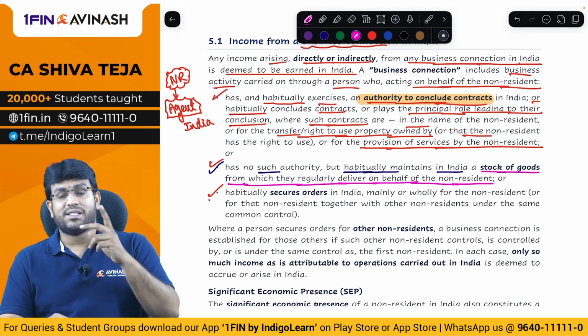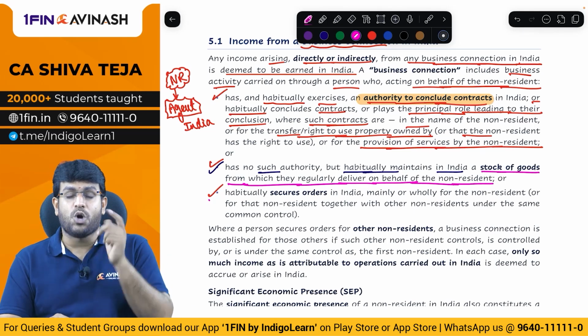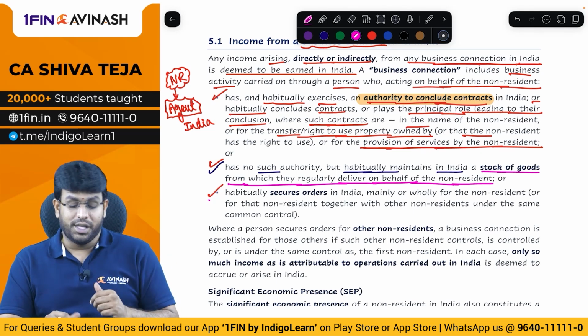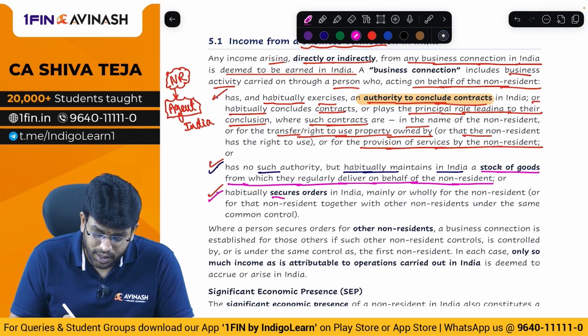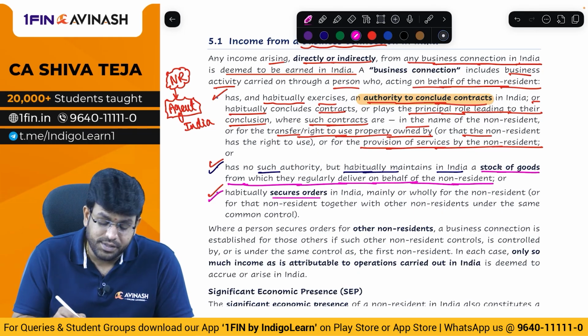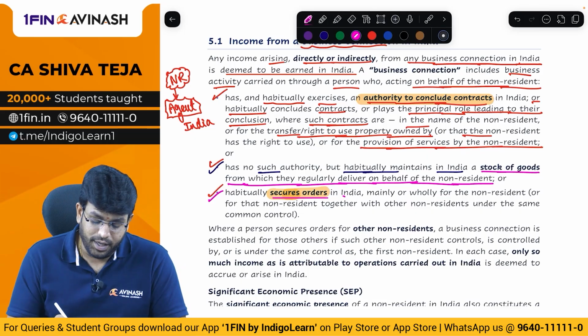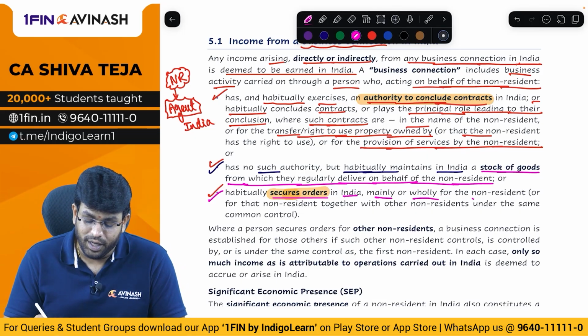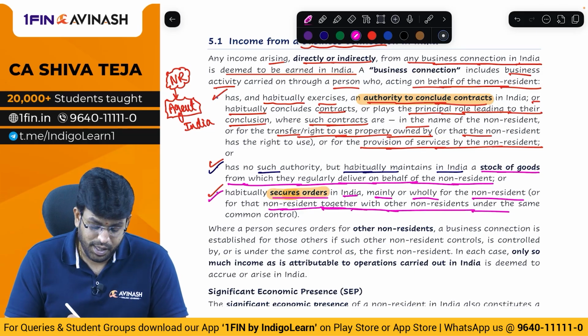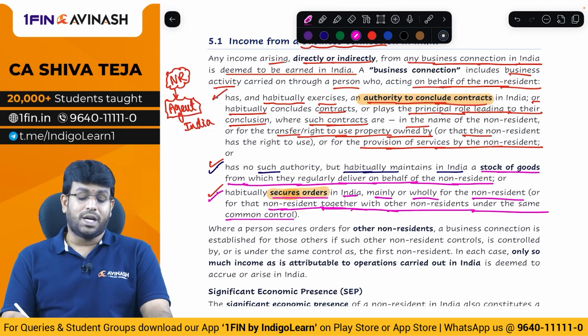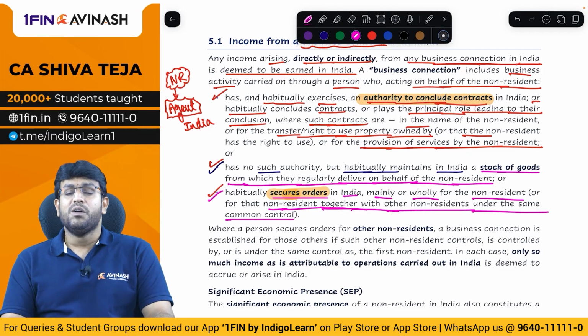Second, the non-resident has an agent in India who is maintaining stock of goods on behalf of the non-resident. Third one, habitually secures orders. What is that line, my dear friends? Habitually secures orders in India mainly or wholly for the non-resident or for that non-resident together with other non-residents under the same common control. So that is the story of these three interesting points in business connection.